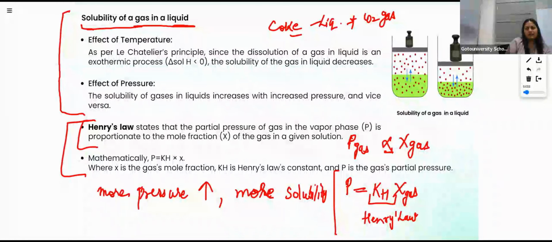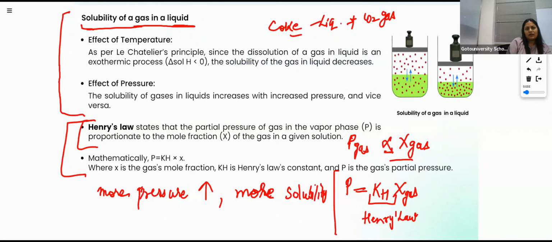This is Henry's law. Let us quickly see here the effect of temperature according to Le Chatelier principle. That is why I have discussed Le Chatelier principle first. Okay. So what is the effect of temperature? The solubility of gas decreases if we apply temperature.